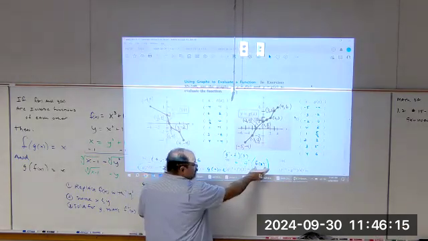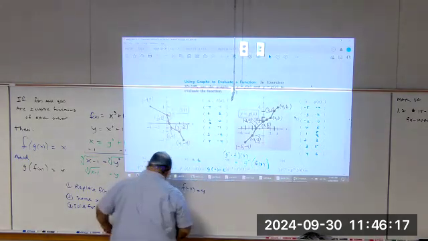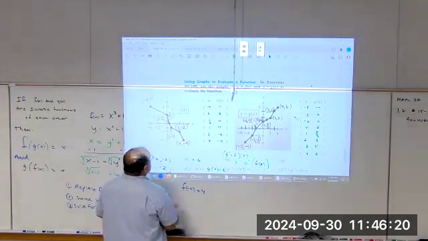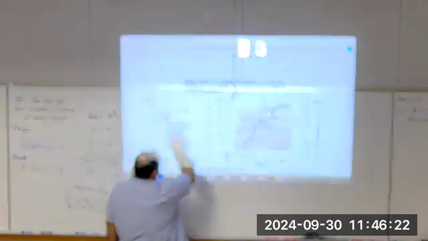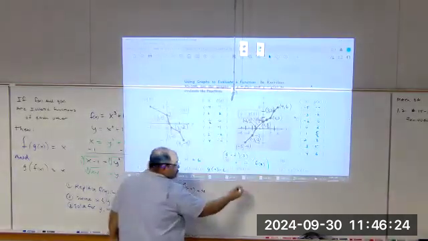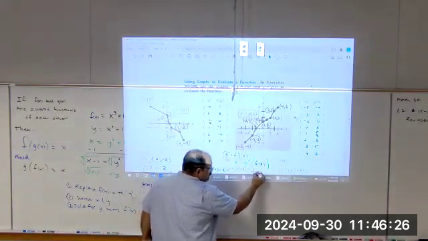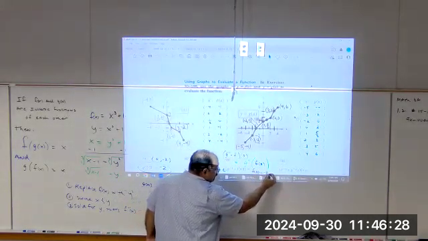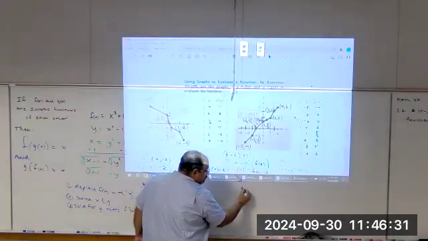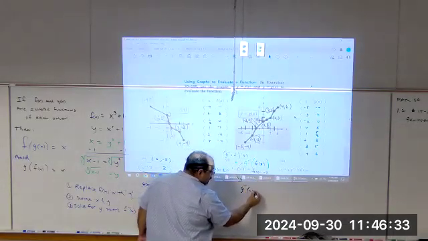So g inverse of whatever f of 3 equals. Over here, f of 3 is -2. So now this becomes g inverse of -2.